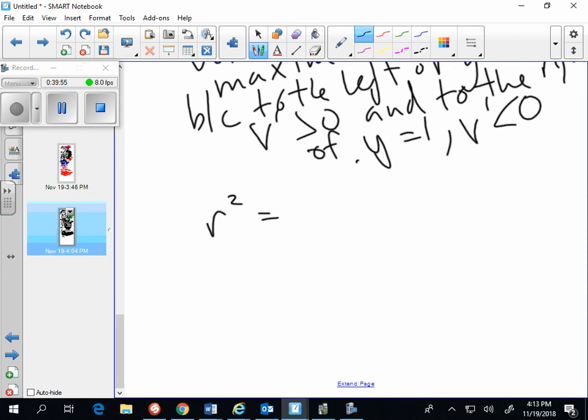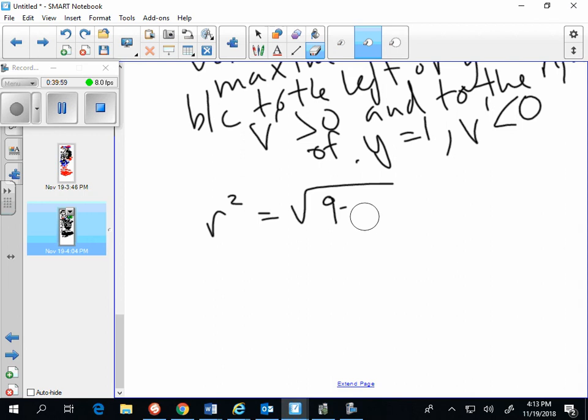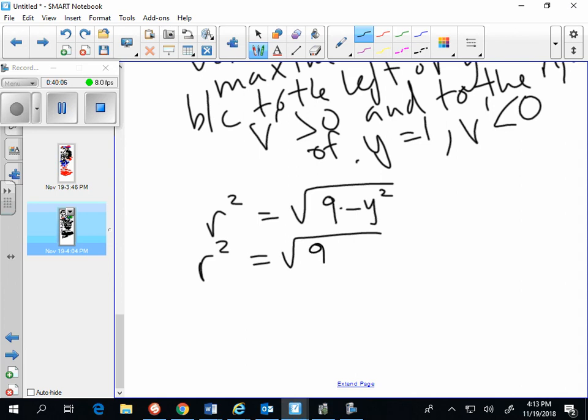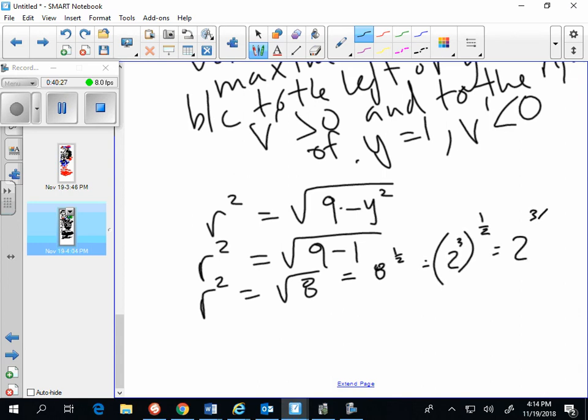Remember, r squared was equal to 9 minus y squared. And so in our problem, r squared equals 9 minus 1, or r squared equals 8, which I guess I can write as 8 to the 1 half, which is 2 to the third to the 1 half, or 2 to the 3 halves.